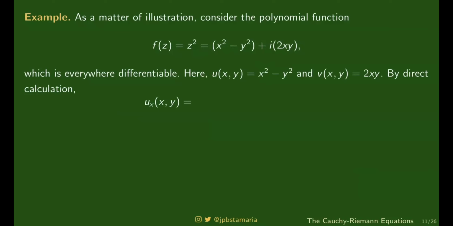If you're going to compute the partial derivative of u with respect to x, what do you get? Paano ba kumuha ng partial derivative with respect to x? Anong partial derivative ng x squared minus y squared with respect to x?